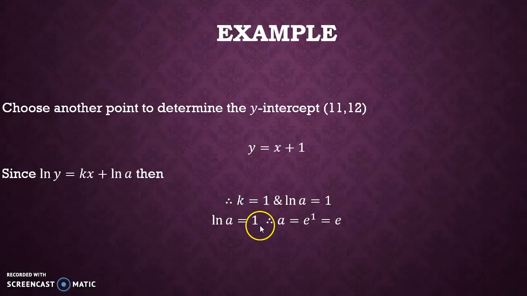So if log a equals 1, that means a equals e to the power of 1, which is just e. That's just using our log laws, which say we can rewrite it as a equals e to the power of 1. Okay, so we've worked out our k and our a values.